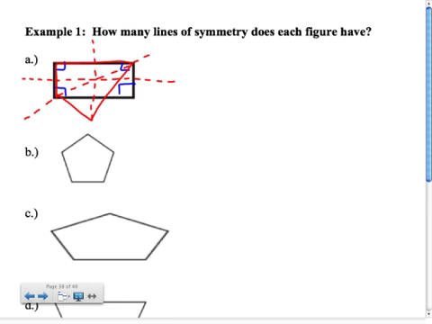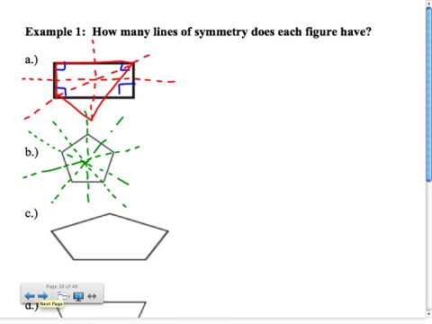Now part B here, and again, this is still a little bit sloppy because we should say it's a regular pentagon, but nonetheless, this thing has a few lines of symmetry. The first one, I think we all see plain as day, can go right down the middle. Now if you look on more of an angle, you should be able to see that you could also cut it in half this way, and this way, and this way, and the last one is that way.